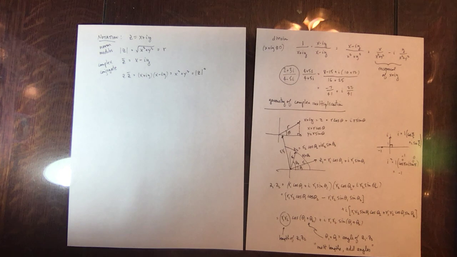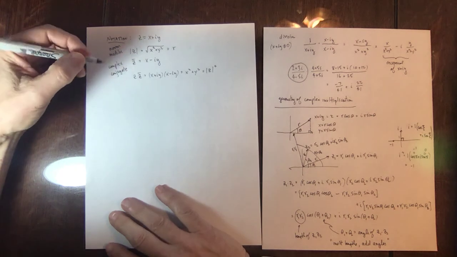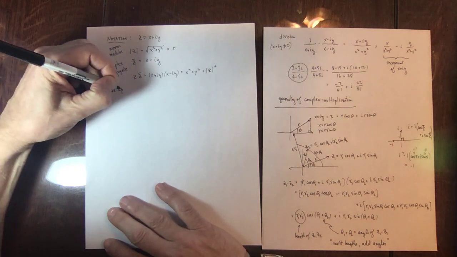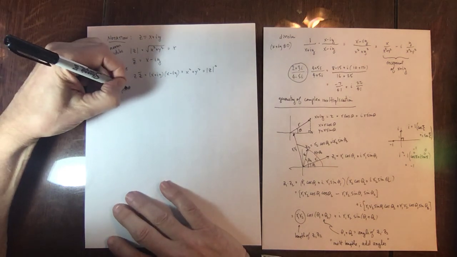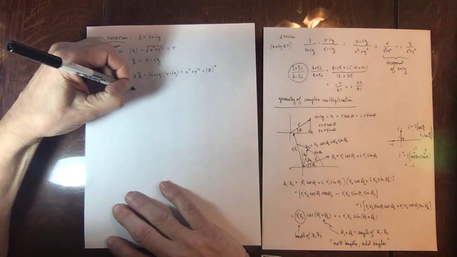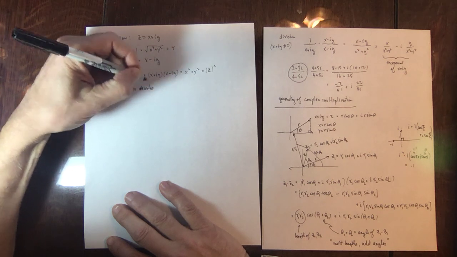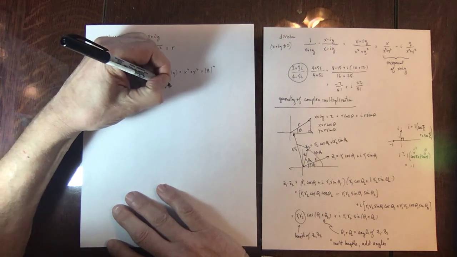And then of course you could describe some sets. We can use complex numbers to describe relatively simple regions of the plane.